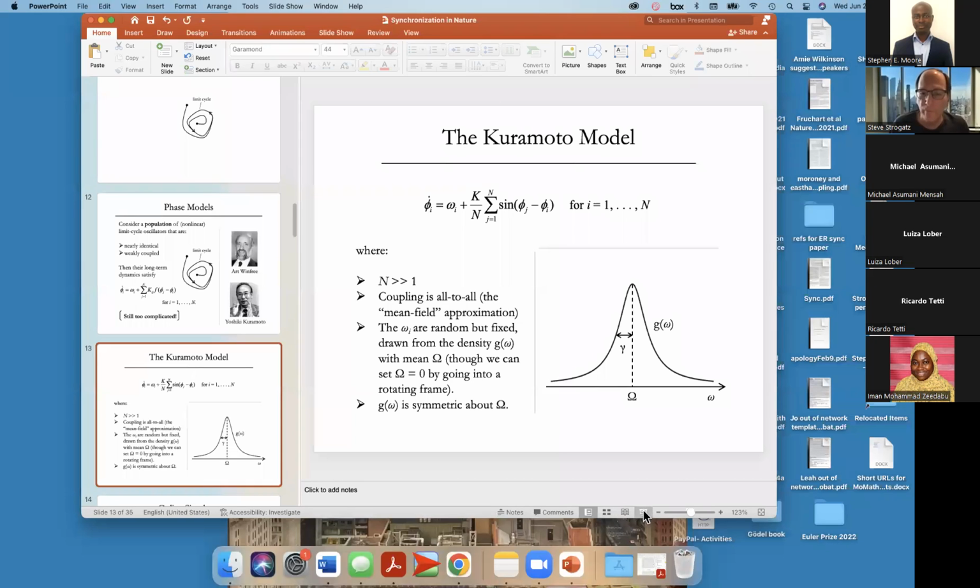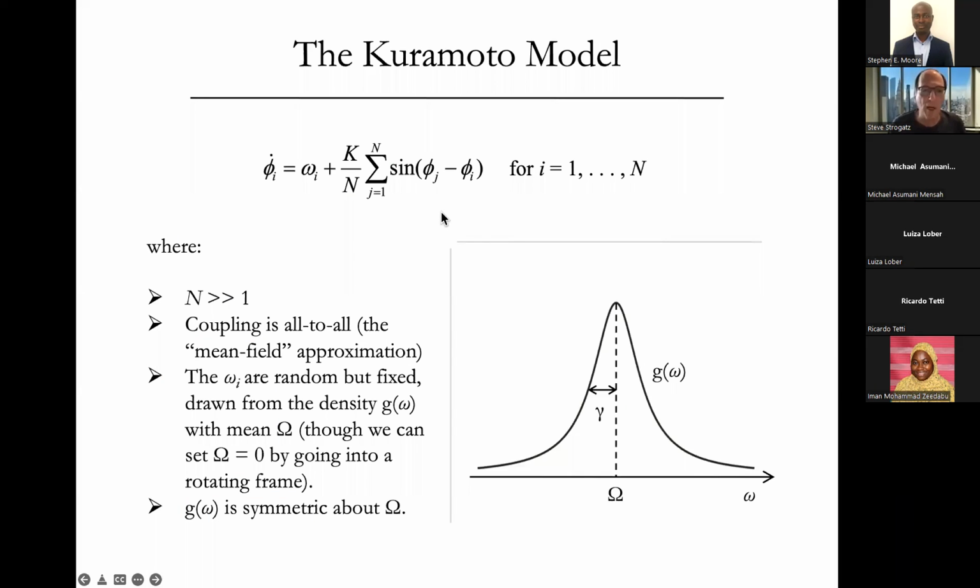All right, so we've got this mean field approximation, and these omegas, Kuramoto assumes, these frequencies, he thinks of them as being random numbers. That's because in any population of real oscillators, they won't be identical. There will be some mean frequency, which he calls capital omega, and then some distribution of the frequencies around that mean.